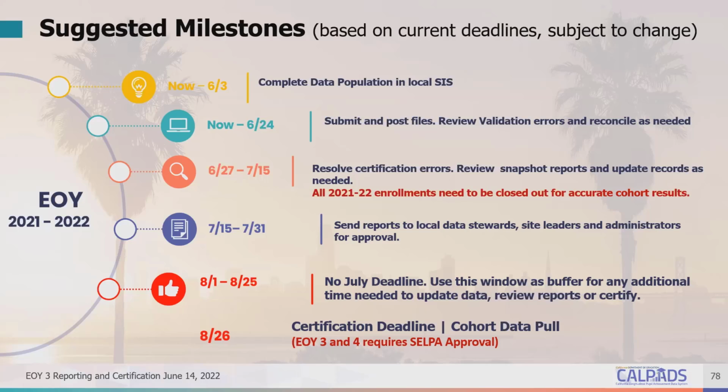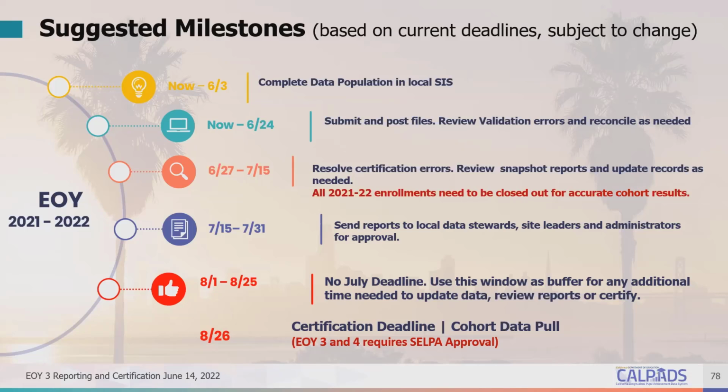Certainly, end of year 3 and end of year 1, you may not be in position to certify this month or next month. It may come down to the wire in August, but the point is each of the 4 submissions are unique and separate from each other, and they can be approved independently as well.